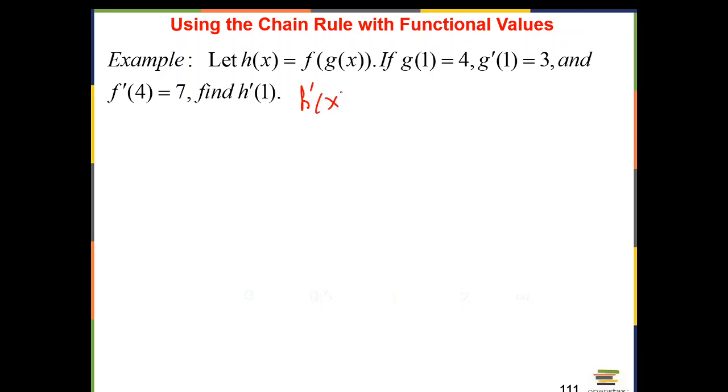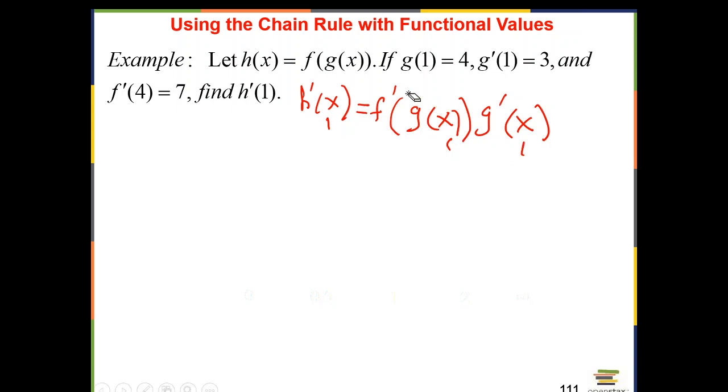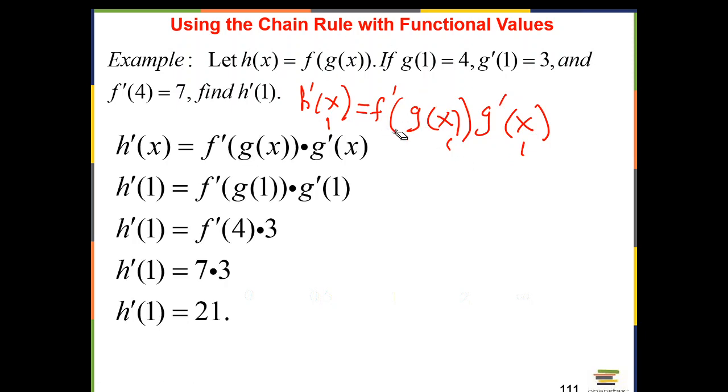So h prime of x would be, the outside function is f, so it would be f prime of something times something prime. That's it, we're done. Now, we didn't want that, we wanted h prime of 1, so we just substitute 1 in here. And we are given the values of those, right? And we just substitute those values in there.